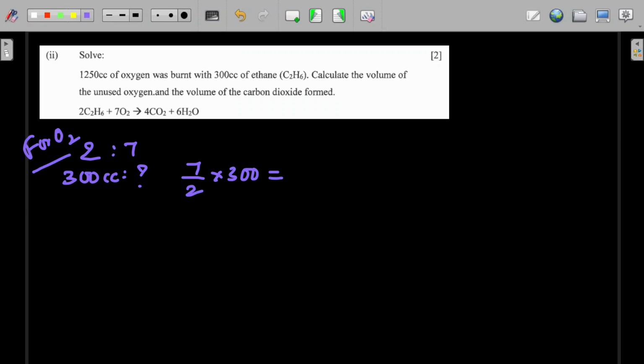Write the equation, write according to Gay-Lussac's law: 2 volumes of ethane require 7 volumes of O2. Therefore, 300 cc requires how much? You have to write all of that. Two is to 4 ratio, so 1 is to 2. This is simple.